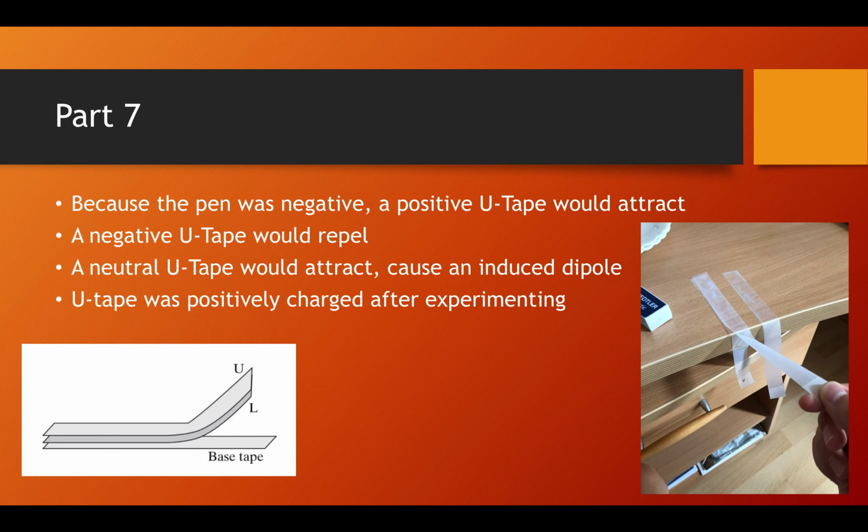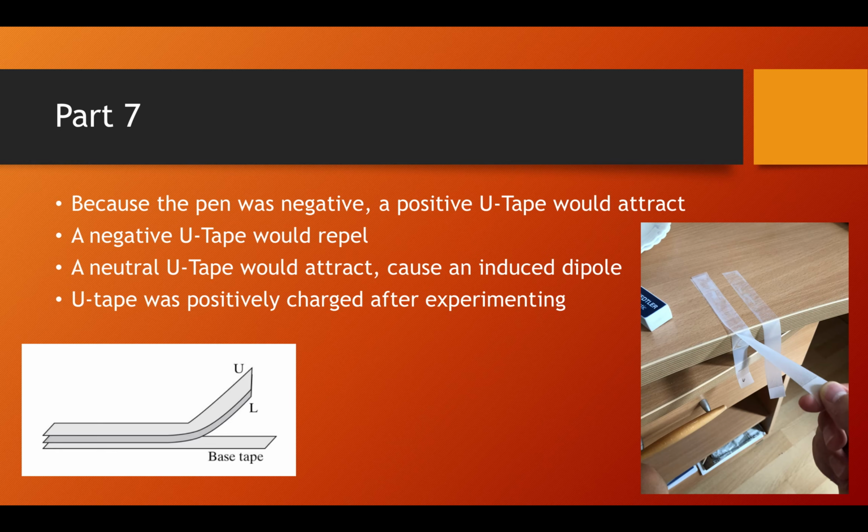So for the first part, we basically had two strips of tape, and the question that was asked was, if a pen was negative and you had a positive tape, what would happen? They would attract. Second question was, if the tape was negative, what would happen? They would repel because two like charges repel.